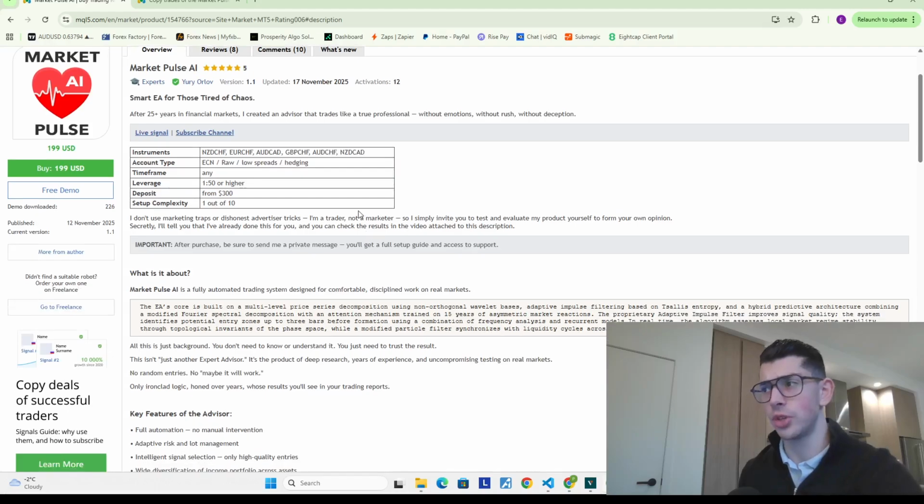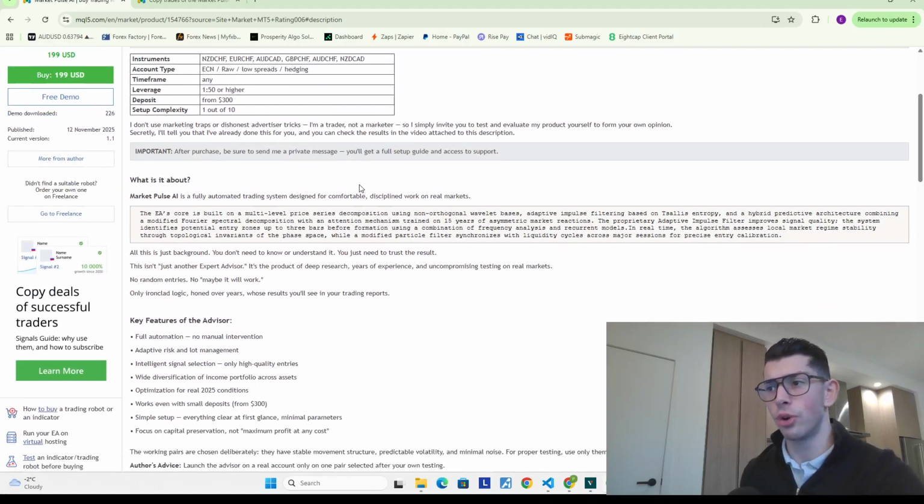So here the gentleman is saying that there's no crazy marketing stuff here. The actual strategy seems a little bit like he might be fluffing this up. So the EA's core is built on a multi-level price series decomposition using non-orthogonal wavelet basis, adaptive impulse filters based on Salas entropy. Yeah, all of this stuff can be used in quant finance, but usually you don't see it in retail stuff just because it's rare.